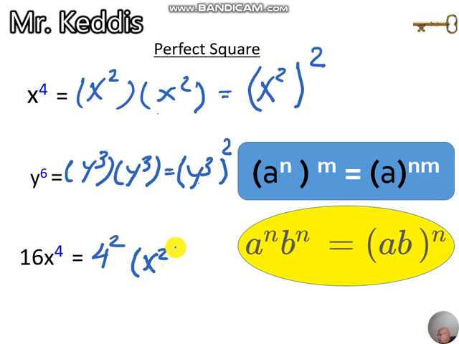X squared, square. I'm going to apply these rules here. A raised to the power of n times b raised to the power of n, I multiply a times b, which is 4 times x squared.